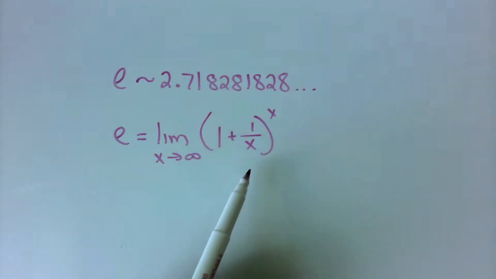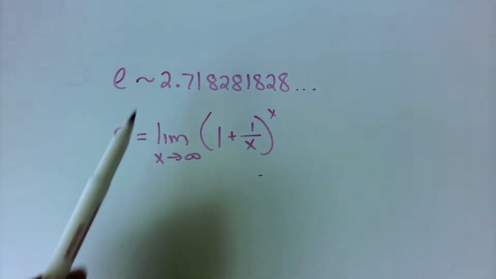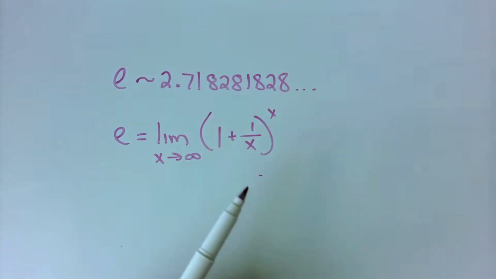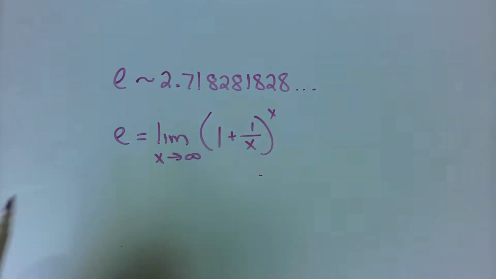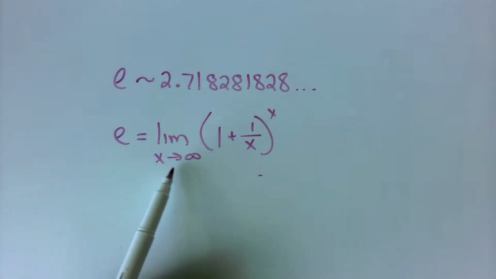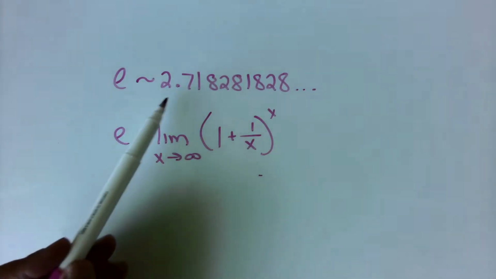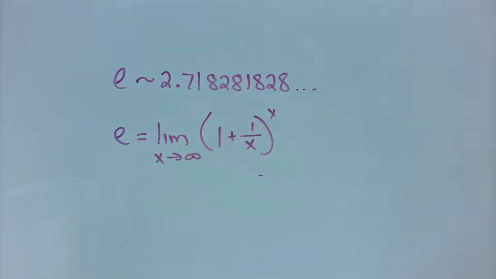So when x is 100, we're somewhat near this number. When x is 1,000, we're closer to this number. When x is 1 million, we're very close to this number, but it's a limit. So as x gets larger and larger, it approaches this.